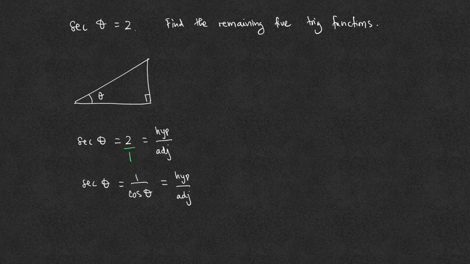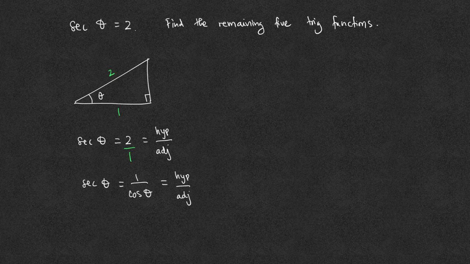And so, to label this triangle appropriately, the hypotenuse is 2, and the adjacent to the angle theta is 1.